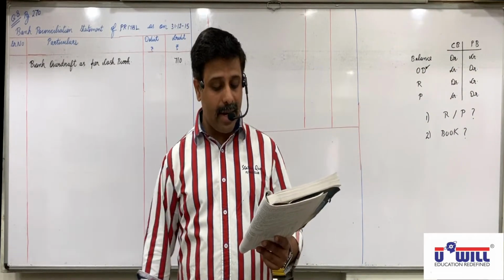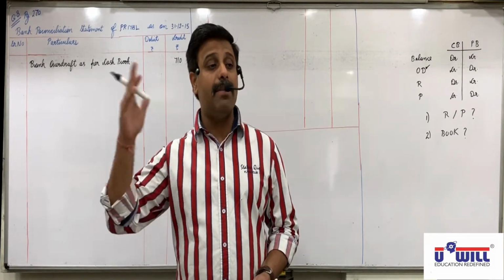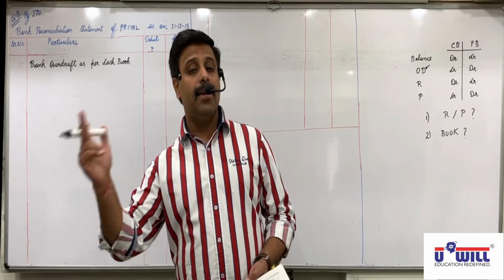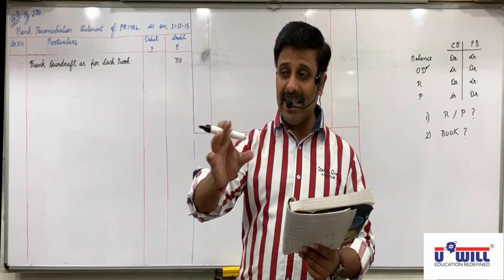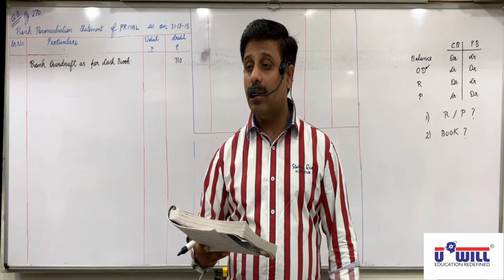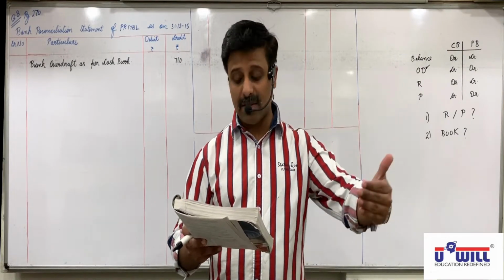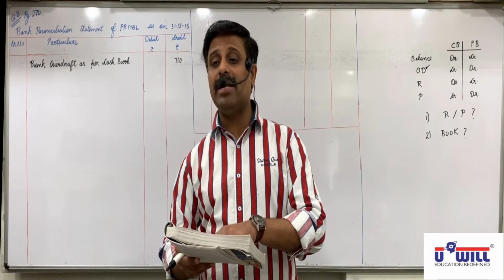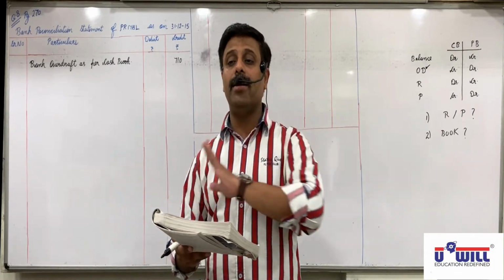When is it credited in the passbook? 17/12/15. Again in December itself, so no effect. However, 4,600. When is it debited in the cash book? 27/12/15. But when is it credited in the passbook? 1st January. Means it is not credited in December, so we will credit it in DRS.